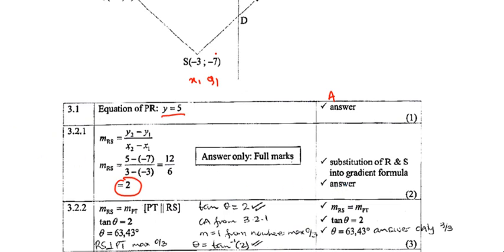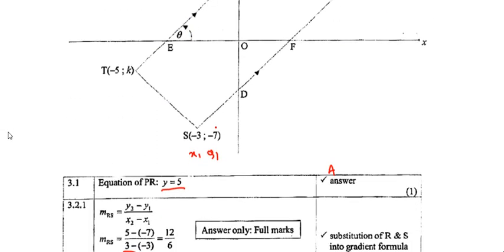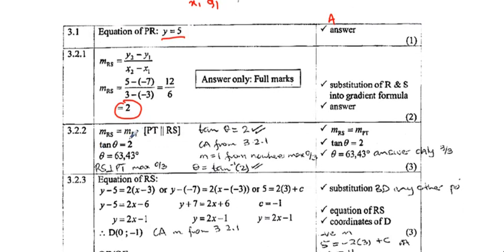Now we want to find the angle of inclination, that is theta of PT. So we know for a fact that these 2 lines are parallel. PT is parallel to RS, therefore the gradient of RS is equal to the gradient of PT. Notice how they write that down. 1 important mark for that, for stating it.